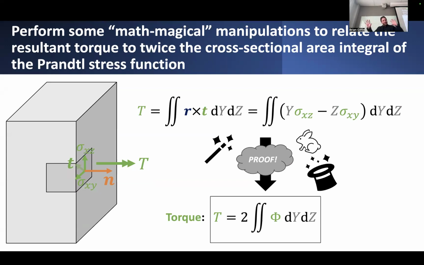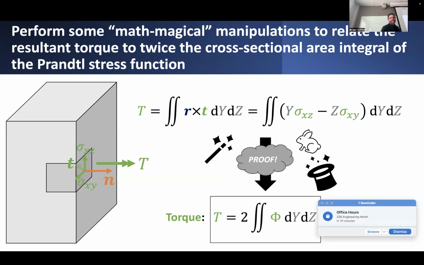We can do a few mathematical manipulations and transformations in order to twist things around, and poof, we come up with an equivalent description of what the net torque should be on this cross-section, not in terms of these components of shear stress which vary over the cross-section.